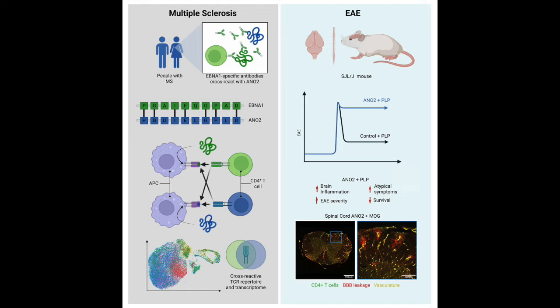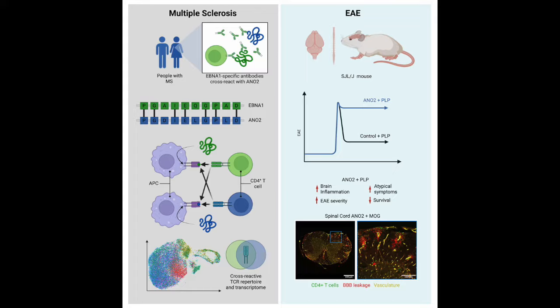And looking at the graph here is really the important part. What they showed was that if they injected these mice with anoctamin 2 beforehand and then initiated the disease, the mice that had been injected with anoctamin 2 had far worse disease severity. And they saw this across a number of different things.